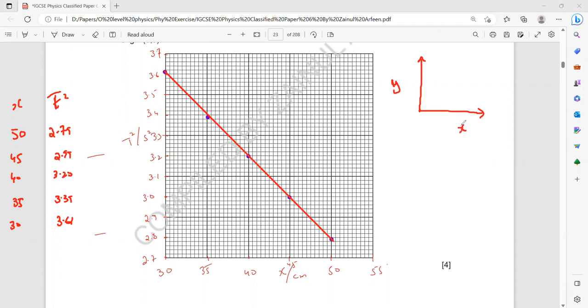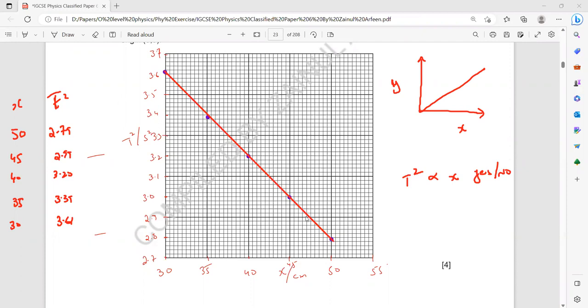And what will be the shape of the graph? The graph will start from origin. So can I say that t square is proportional to x? Yes or no? No. So the answer is no.